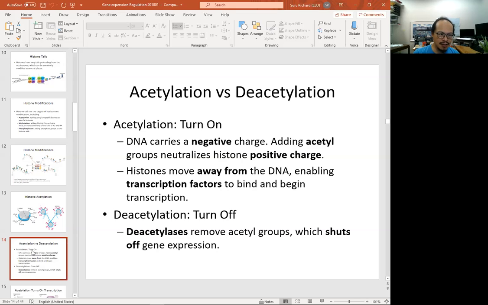The function of acetylation is to help turn on or turn off gene expression, meaning that if acetylation is attached, this segment of gene has a higher chance to get expressed. If there's no acetyl group attached to it, this is a process to make it silenced.